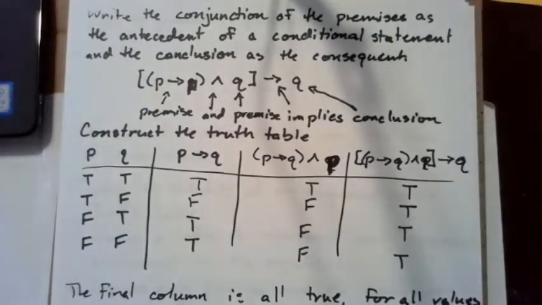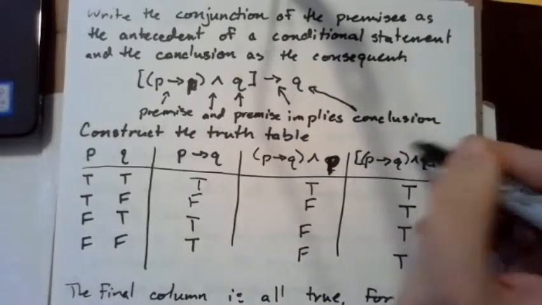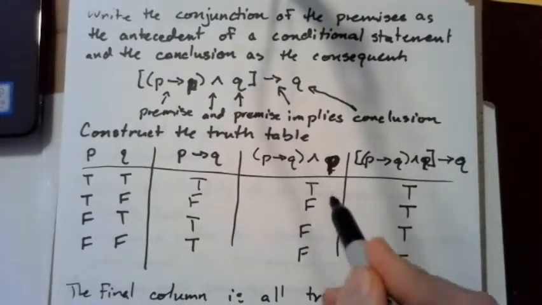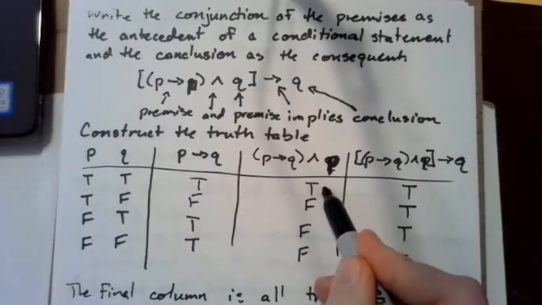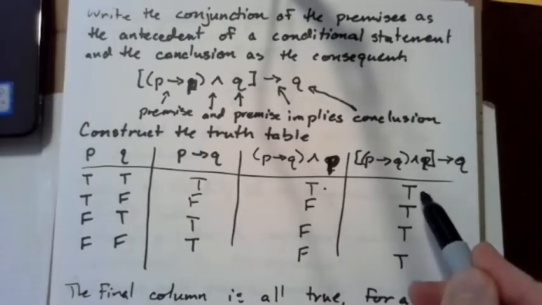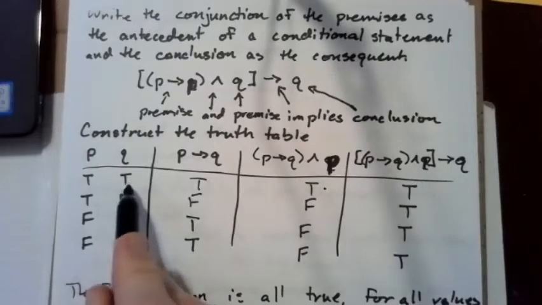But we also know that the only time an implication is false is when the antecedent is true and the consequent is false. So the antecedent is only true here, but Q is true there, so that's true.